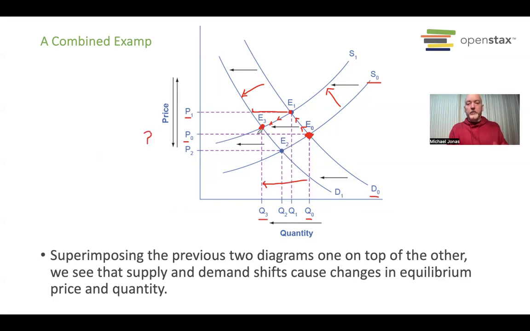So we could have moved those curves in the same direction, but changed the magnitudes a little bit and had E3 below that price level that we started with. All we know is that the quantity is going to go down. Whether the end result price is going to be higher or lower than it started, that we can't say because of the competing directions of those two shifts.